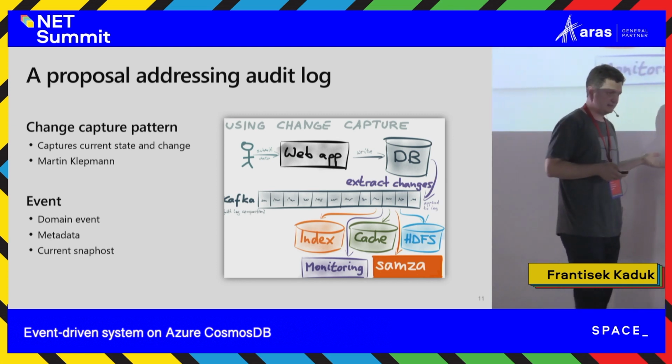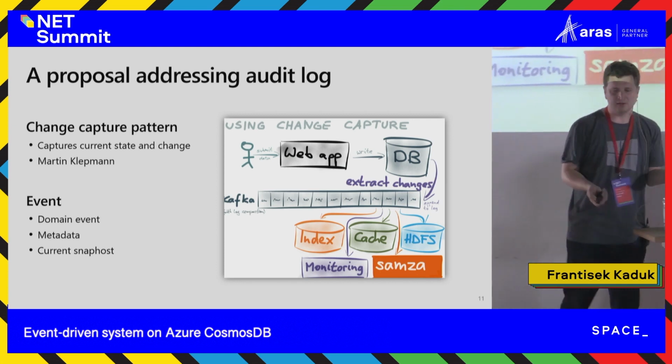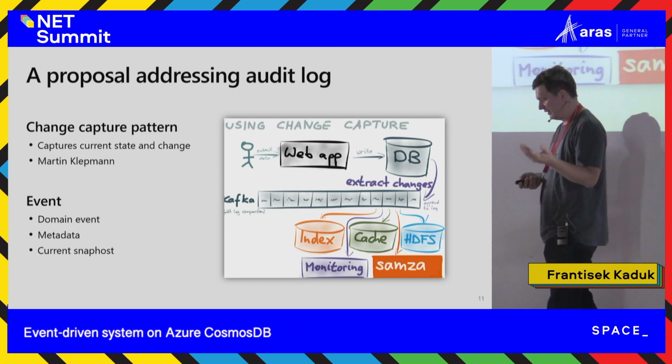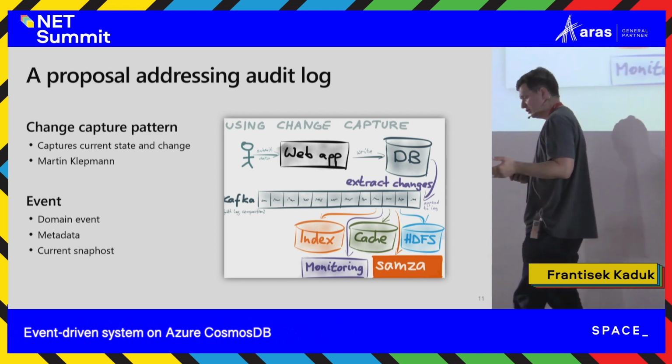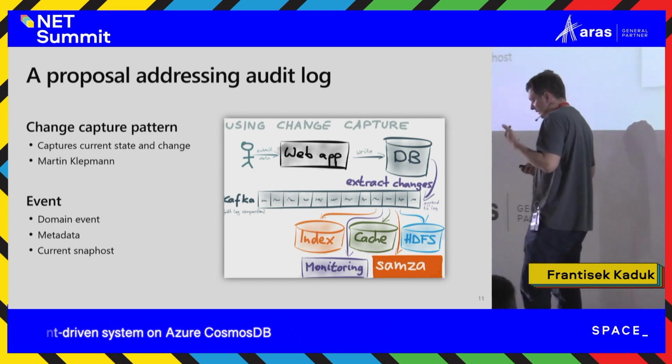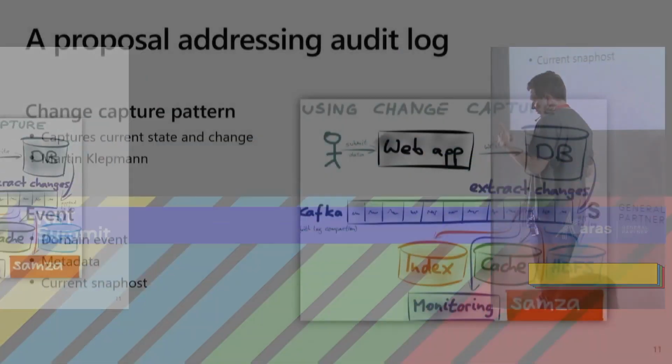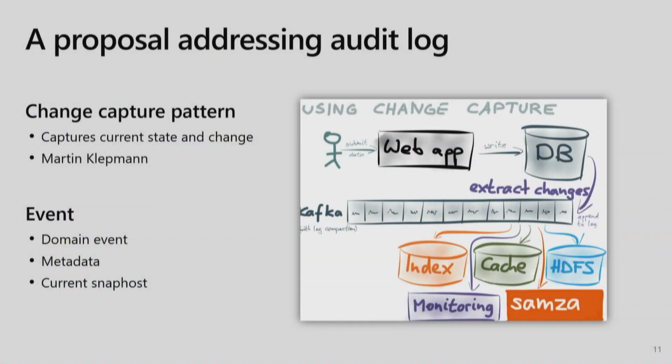And we were basically inspired by a second pattern, which I would like to talk about. That's the capture state pattern from Martin Kleppmann. He's saying that all of the changes to the storage also create events, which have not only the change, what happened, but also the current snapshot.